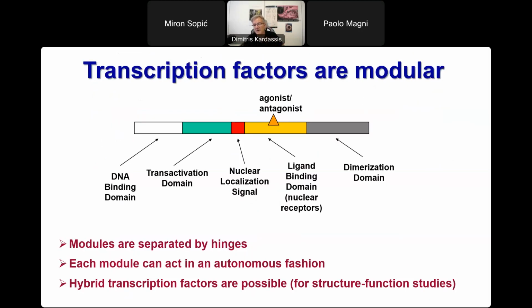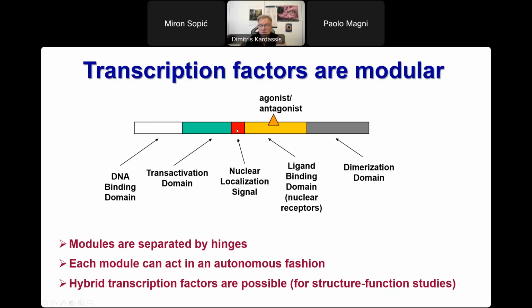Now, transcription factors are very important for gene regulation. These are the proteins that do the transcription. They bind to the DNA and they interact with RNA polymerase II and with the coactivators. And all these interactions are very important for transcription to start. A transcription factor consists of different modules. So it is a modular protein, and most transcription factors contain essentially similar modules, such as the DNA binding domain, which is important for binding to DNA, and the transactivation domain, which is important to do the transactivation, meaning interaction with RNA polymerase II and transcription initiation.